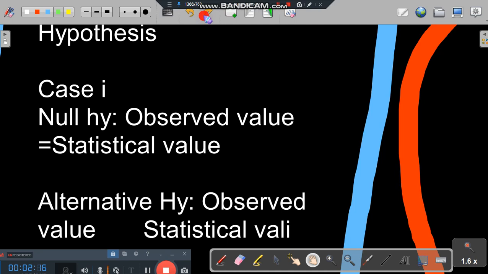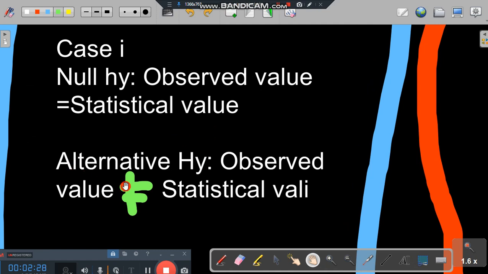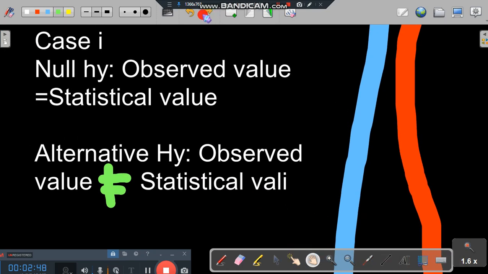Now look at that. The alternative hypothesis is that which is exactly opposite to the null hypothesis. Am I correct? Here we assume the observed value equals the statistical value, and here we assume the observed value is not equal to the statistical value.